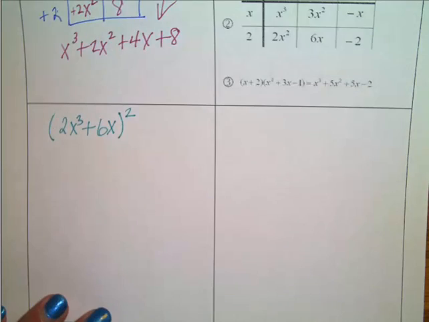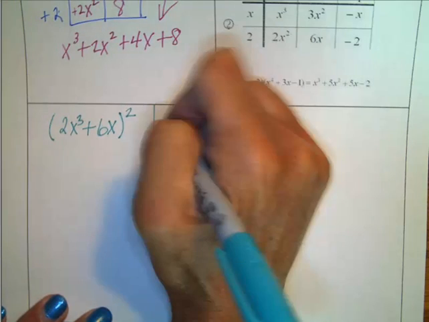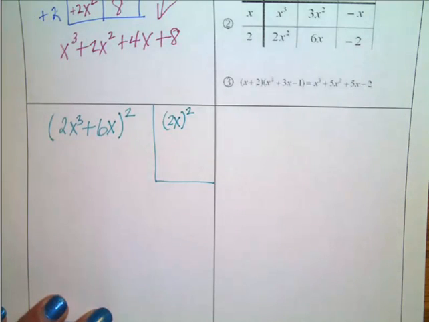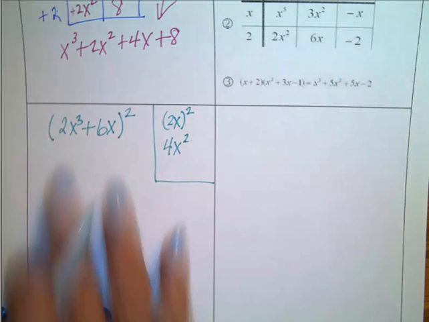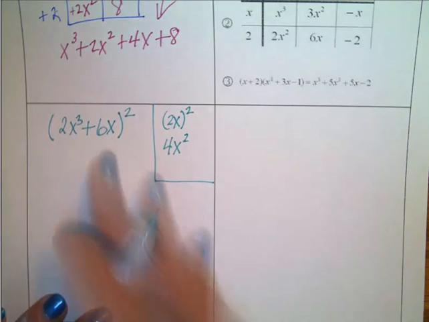So if I have something like we had in our cubes, if I have 2x squared, that's a monomial. I can just square the parts and get 4x squared. When it's a binomial, I cannot do that. I cannot square the parts, okay?